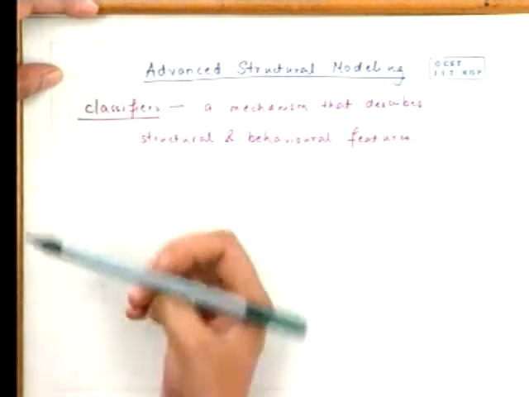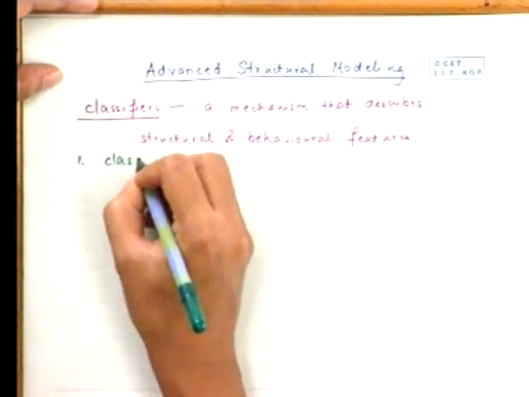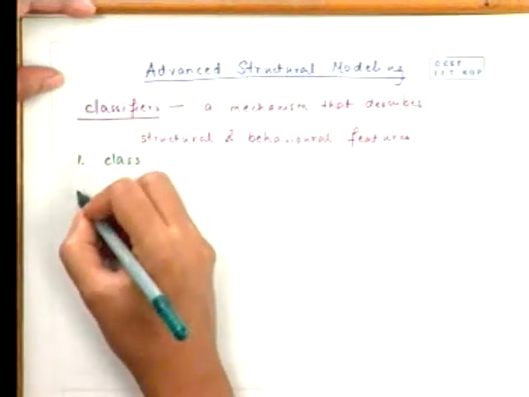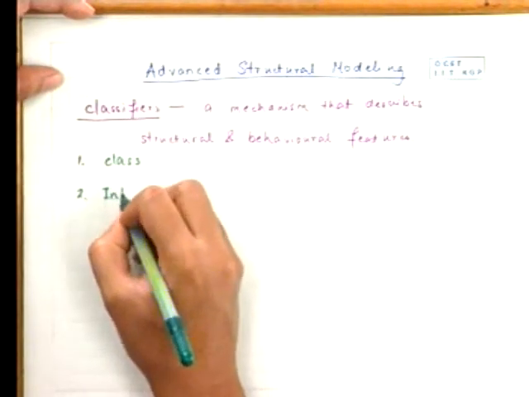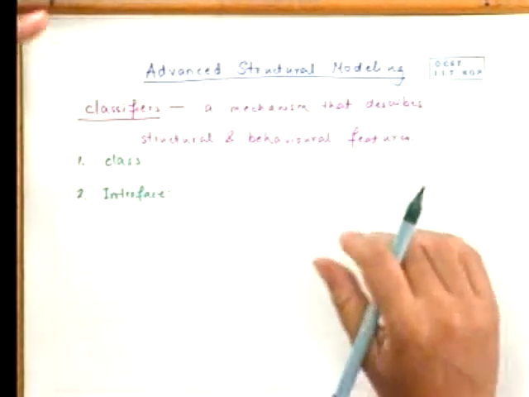And the most important classifier is obviously the class, which we have dealt with in detail. The other classifiers are number 2, interface. So interface is actually a collection of operations that are used to specify a service of a class or a component.